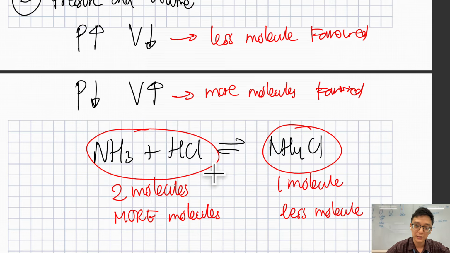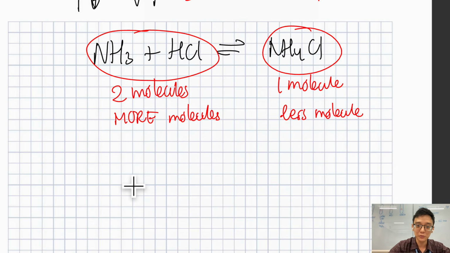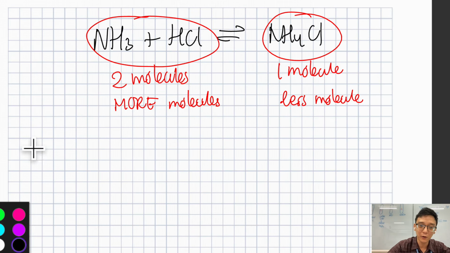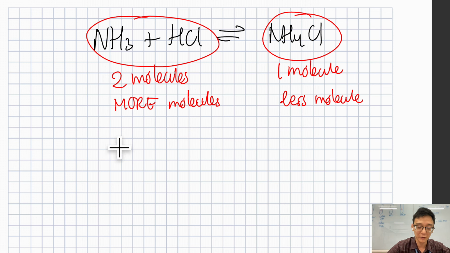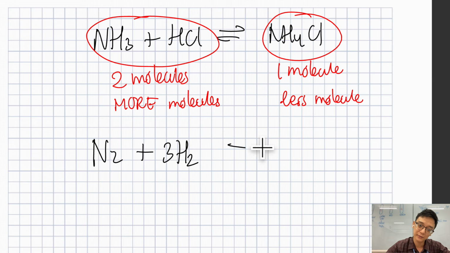How can we decide the number of molecules? Actually we calculate all the molecules using their coefficients. For example, we have something like this: nitrogen plus 3 hydrogen becomes 2 ammonia.